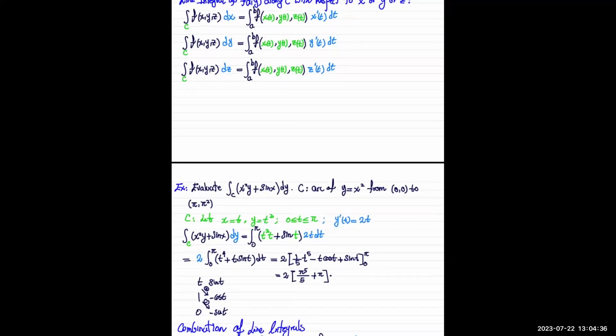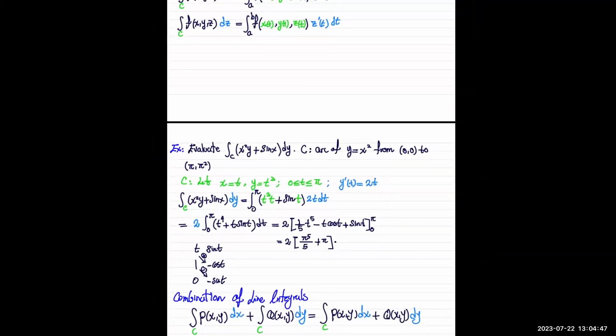These line integrals are actually easier because you're not calculating a ds. But we have the integral of x squared y plus sine x along C with respect to y. And they give you C, so C here happens to be the arc of y equal to x squared from 0, 0 to pi, pi squared.